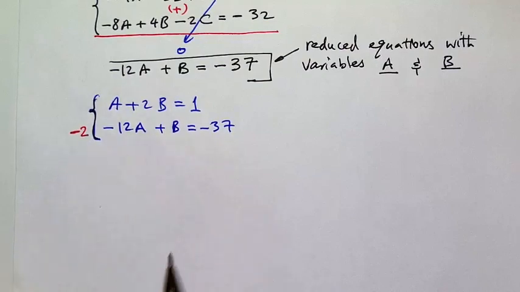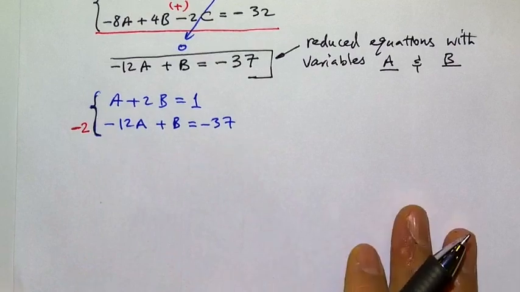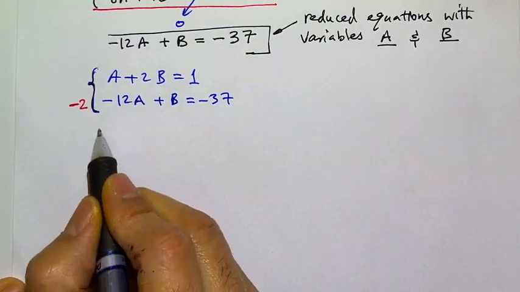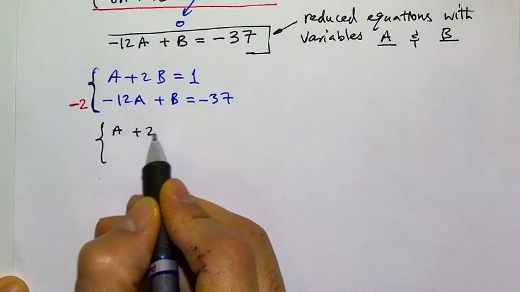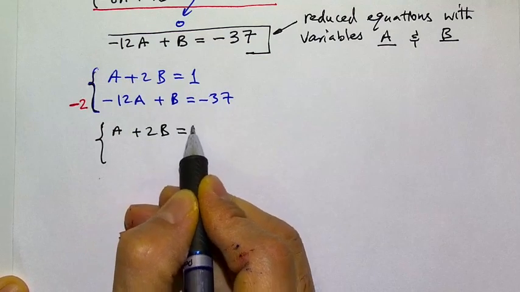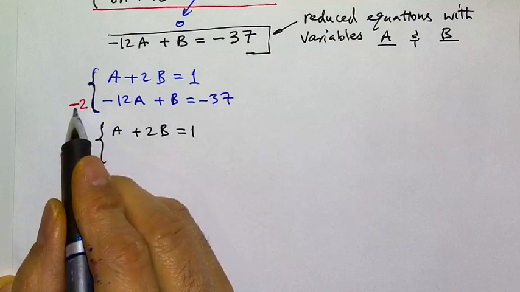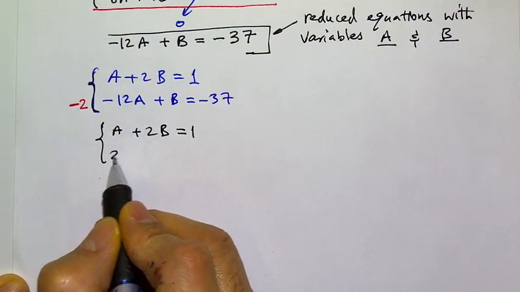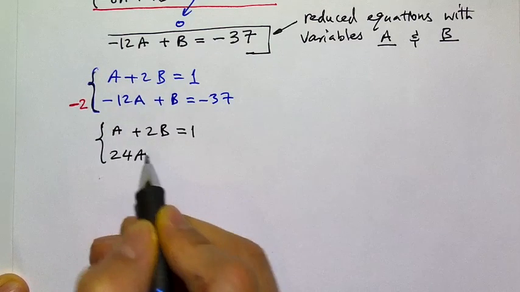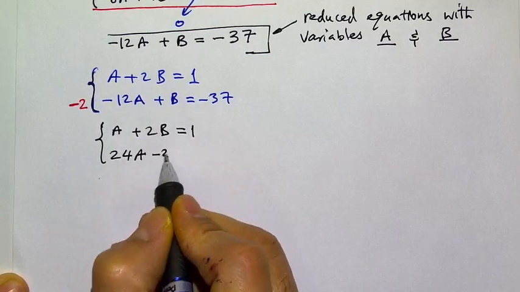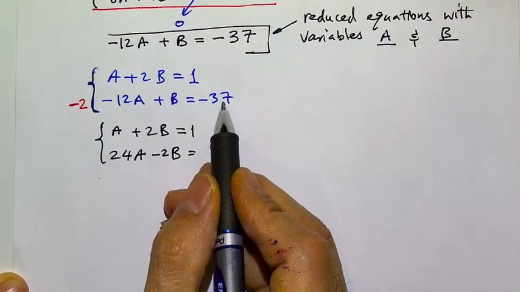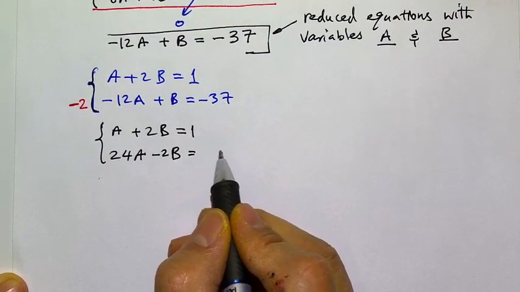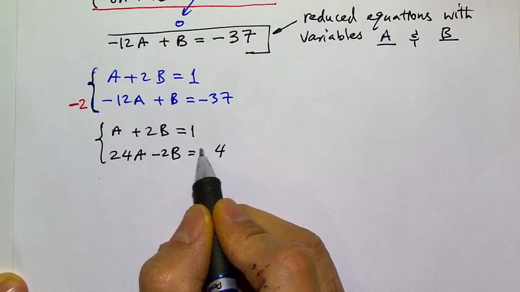So now it looks like the b variable is easier to eliminate, right? So I'm going to multiply the bottom equation with minus 2. And then we have a plus 2b equals 1. And then we have minus 2 times minus 12, that's 24a. Minus 2 times b, minus 2b, equals minus 2 times minus 37, that'll give us positive 74, right?